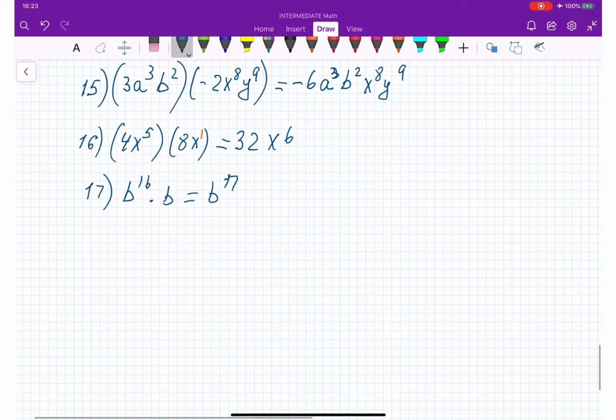18, solving inequalities. Graph the solution of the following system. So x plus 3y less than negative 24, and y is less than or equal to x.